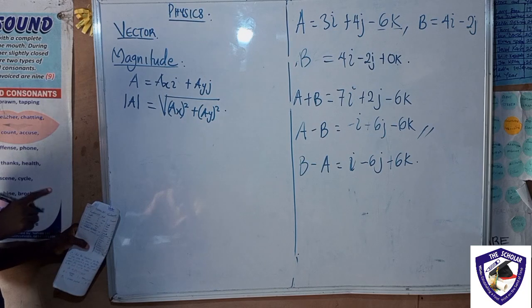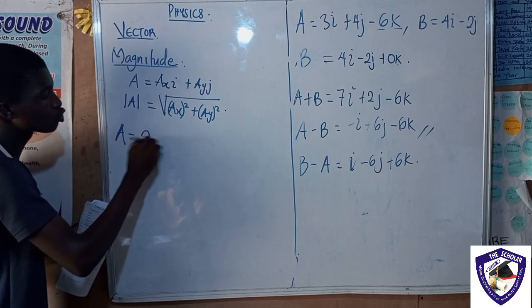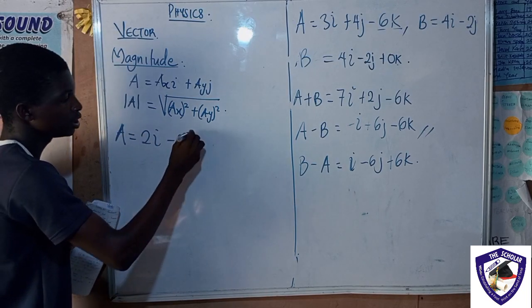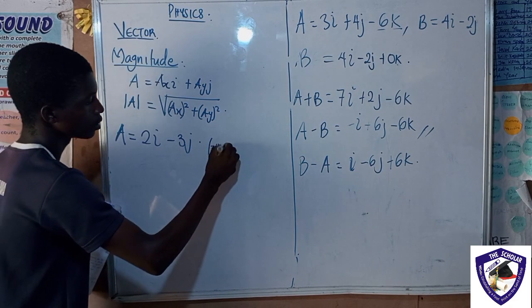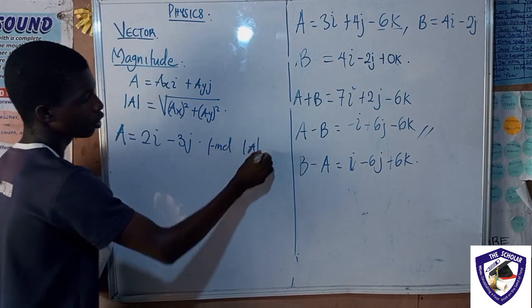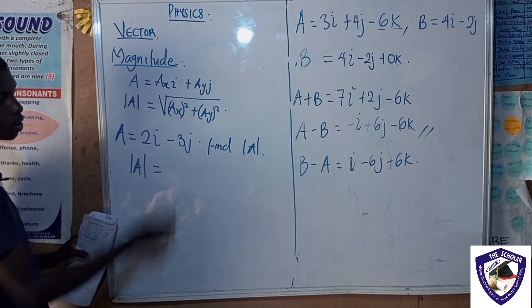And this is gotten from Pythagoras theorem. Now let us take for example vector A, which is 2i minus 3j. Look at this. Now let us find the magnitude of A.